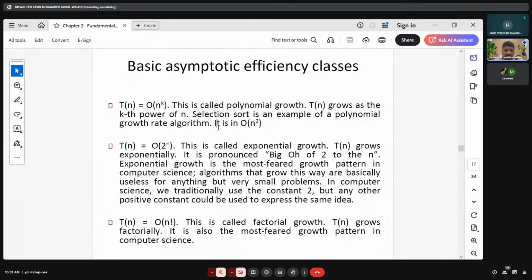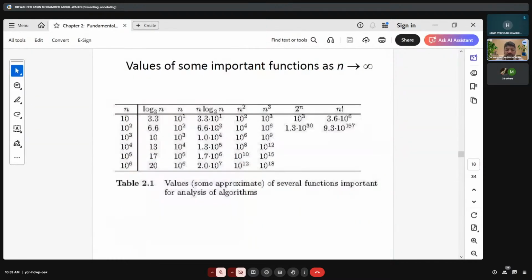In computer science, we traditionally use the constant 2, but any other positive constant could be used to express the same idea. T(n) equals O(n factorial) is called factorial growth. T(n) grows factorially. It is also the most feared growth pattern in computer science.